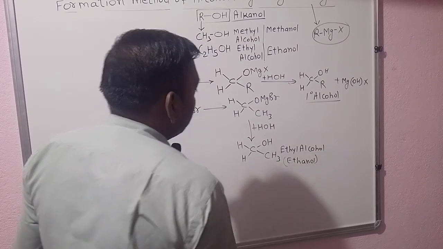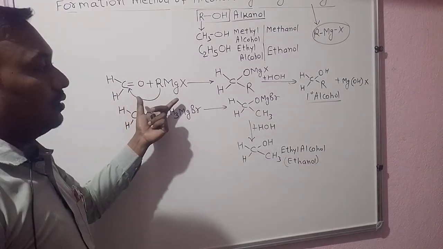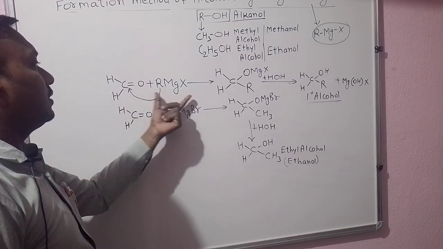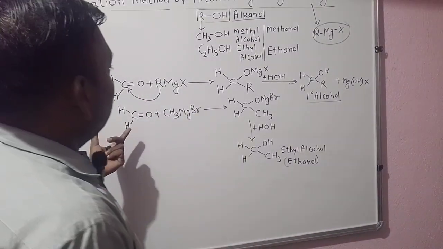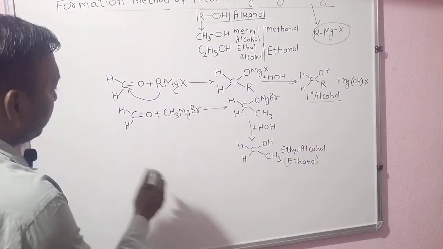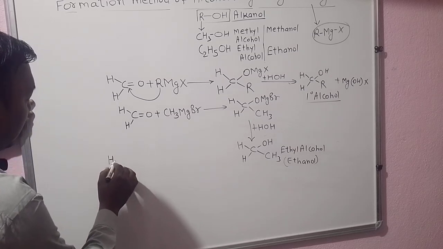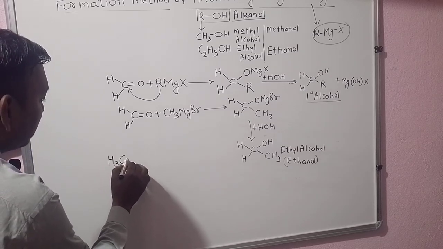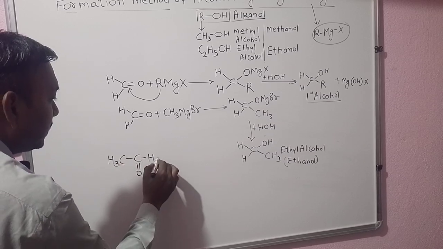Okay. So for formation of 1 degree alcohol, we react Grignard reagent with formaldehyde, and when we want to form 2 degree alcohol, what do we react? We take acetaldehyde, CH3 C double bond O H, acetaldehyde.